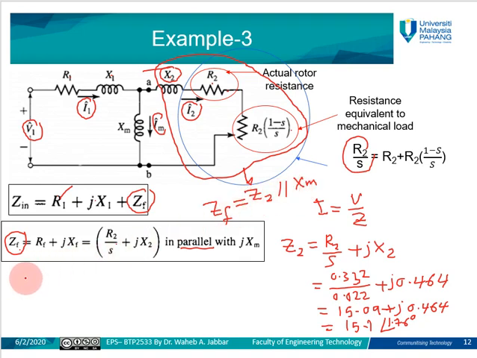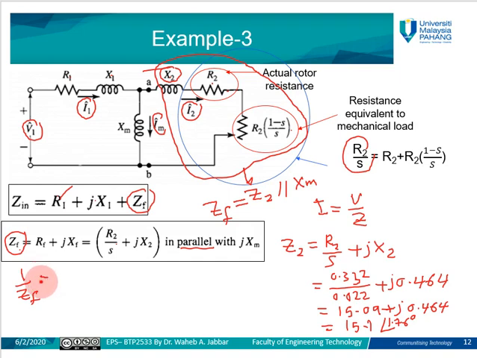So for ZF here, when you calculate parallel resistors, we say 1 over R equivalent equals 1 over R1 plus 1 over R2 plus 1 over R3 and so on. Same for the impedance. 1 over Z equivalent equals 1 over Z1 plus 1 over Z2 plus 1 over Z3 and so on.